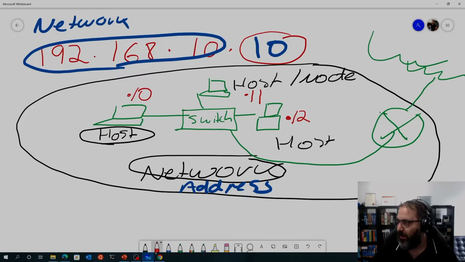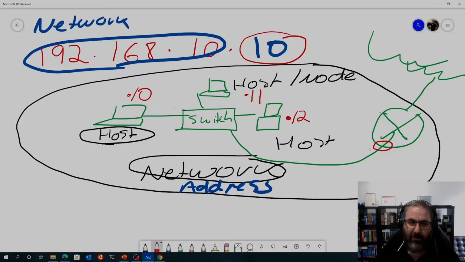On this network interface, which network address does it belong to? Well, we've only got one here, so this is a nice and easy one. It will belong to here. Now, I need to give this a host address.